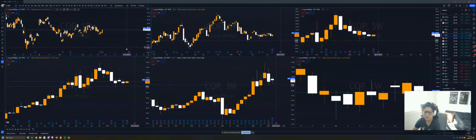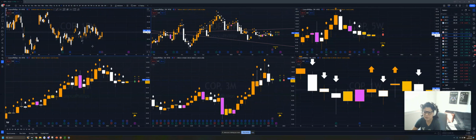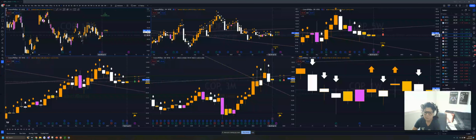For example, I know earlier I was looking and COP, ConocoPhillips, has a good 1-3 setup on the day, and it's still inside week. It's like triple inside 5 week. It looks pretty good. So I'll look at that, and then I'll start writing them down.